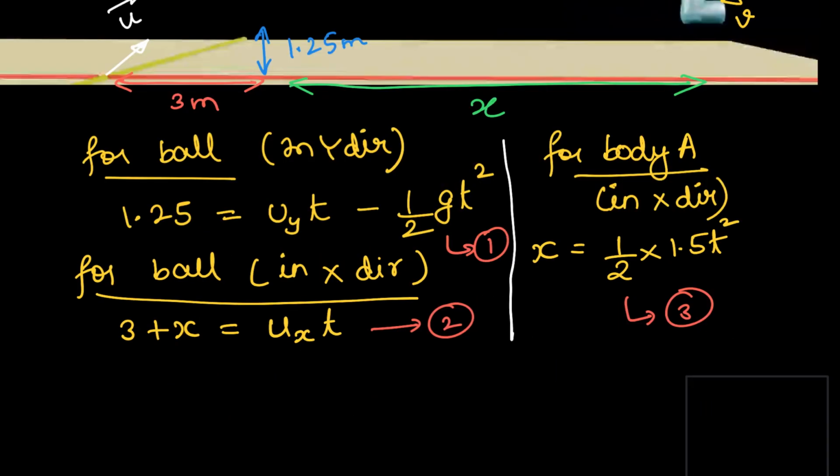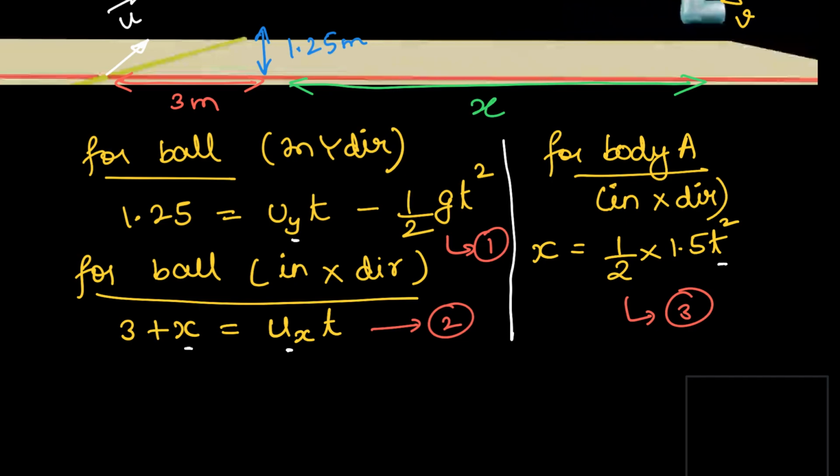We can see here that we have three equations and we have how many variables? Can you tell me? We have uy, we have ux, x, then t. So totally we have 4 variables and we have 3 equations. So there is another equation that we will need to write here, that the velocity of this ball when it hits this object is at an angle 45 degrees.